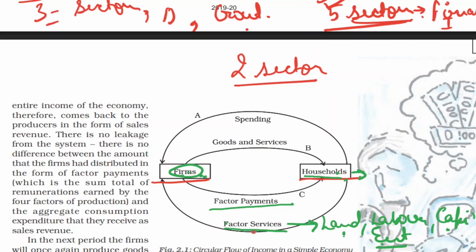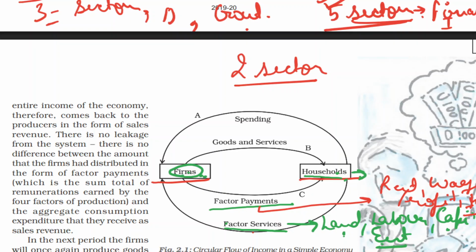Once you provided your factor services, you get factor payment in return, that are rent, wages, profit, as well as interest, right? This was your factor market. Now if I talk about the goods market, after providing these four factors of production, some goods and services will be produced.